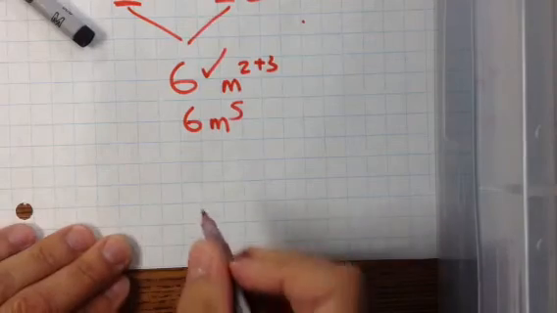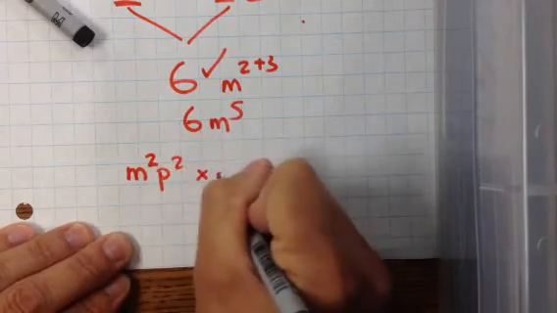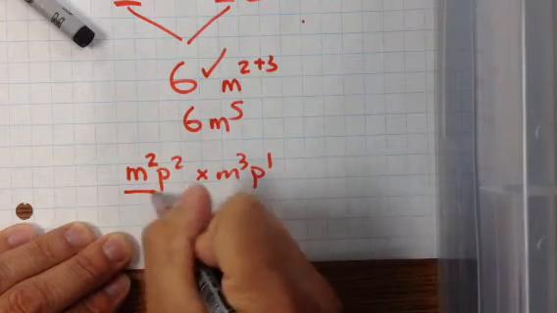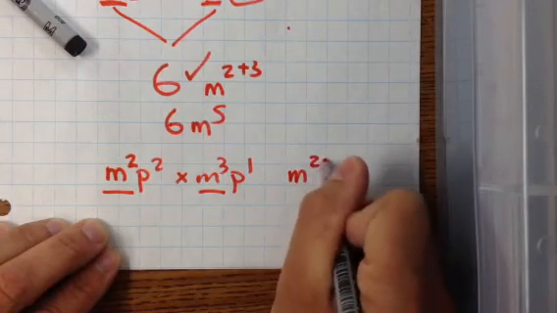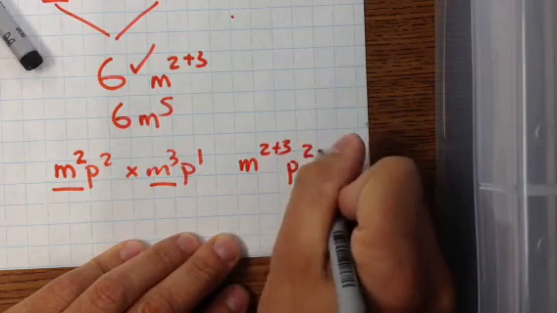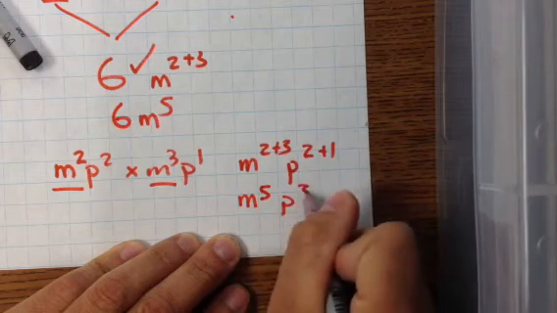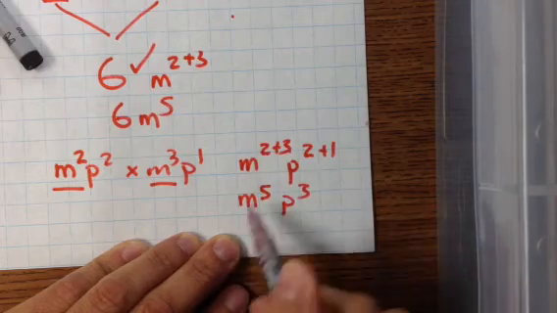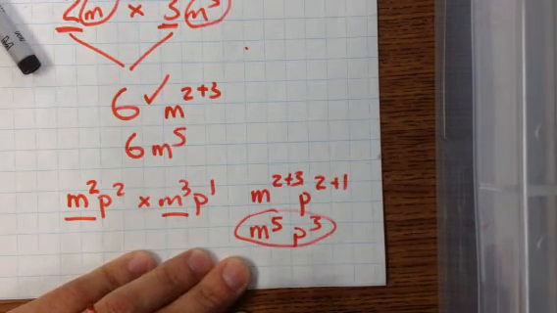Final thing, if you're working with something like this, and there's 2 letters, deal with the letters separately. The m's can go together, and you'd have 2 plus 3, and the p's would go together, and you'd have 2 plus 1, and you end up with m^5, p^3. So all I did here was group the letters together and add their exponents. Okay, so that's multiplying and dividing exponents in a nutshell.